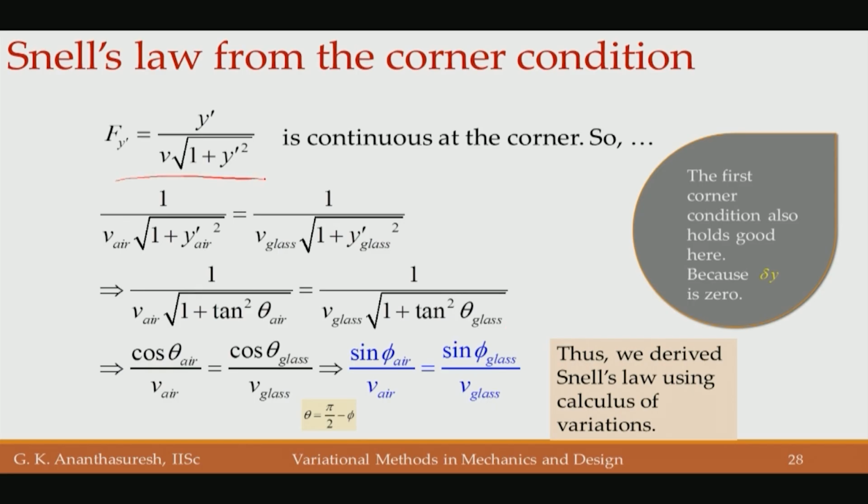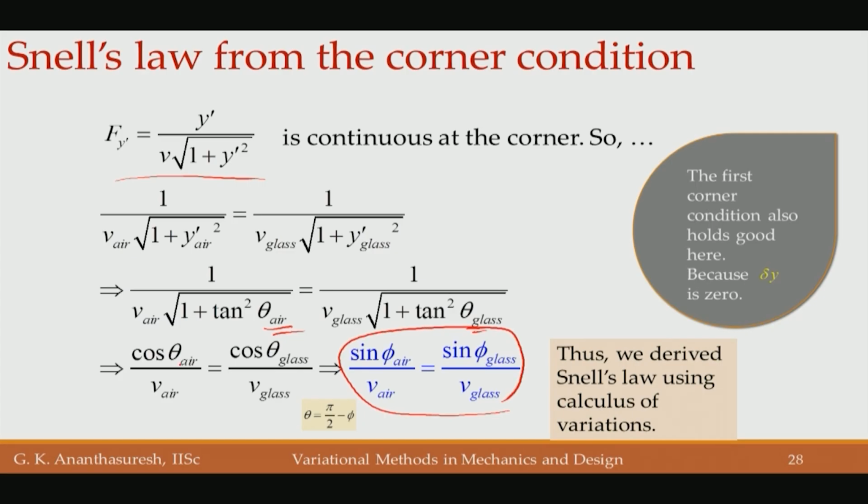That is what we do at the interface, where the discontinuity will actually give us what we call Snell's law, because for y prime we have V air and V glass, and we also see from trigonometry that y prime is nothing but tan theta in the air, tan theta in the glass, right. If you do this, we get the relationship that sin phi air by V air equals sin phi glass by V glass.